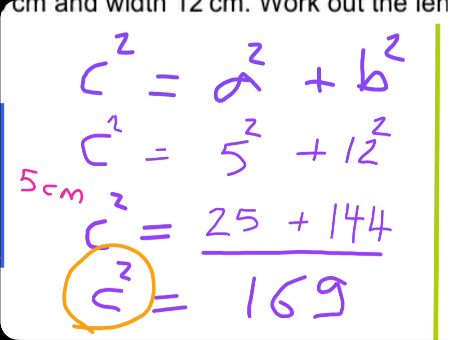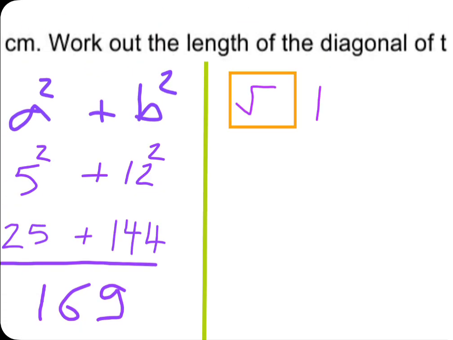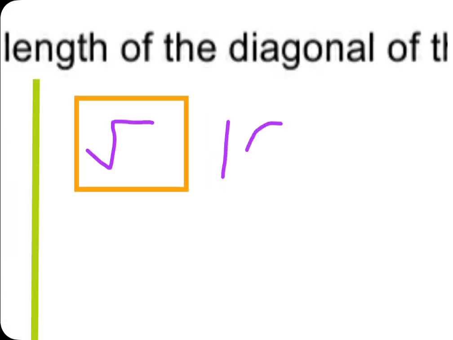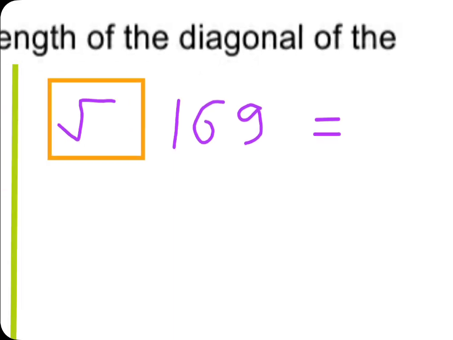Now this button is what? This button is like this. It's a square root. You push this button and then you write 169 and then it will give you the answer to c.